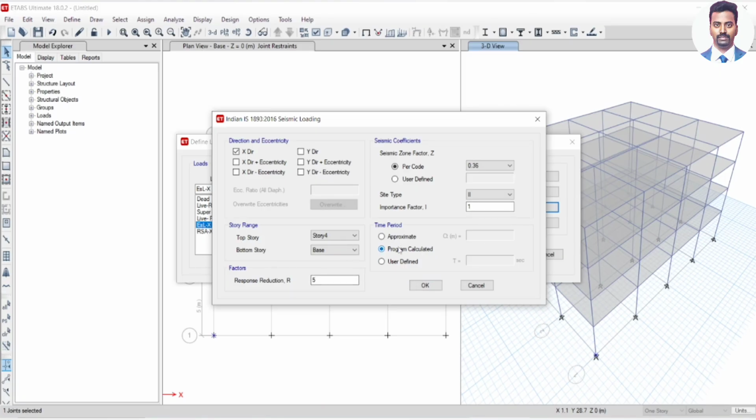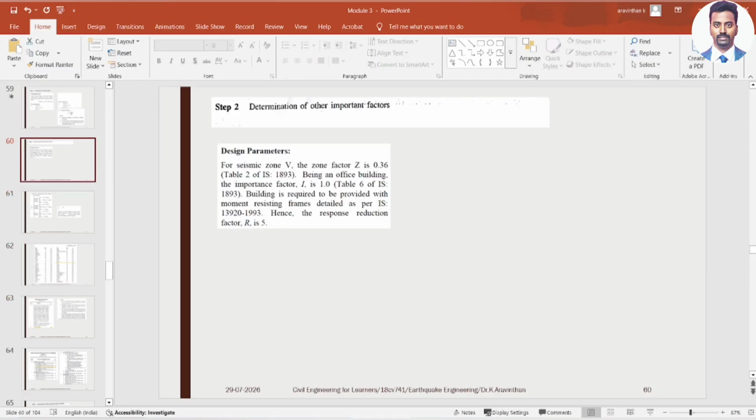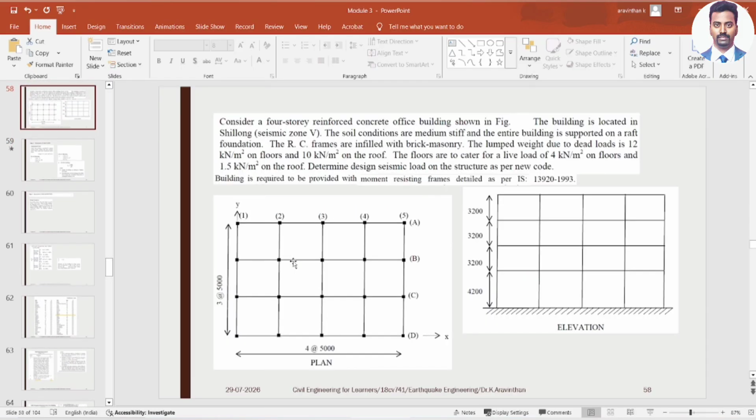And here you have a parameter here. Determination of natural period. Here we are identifying the natural period of the building in x and y direction for 0.28 second. So if you want to compare this with the theoretical analysis, you can use the natural period as 0.28 seconds for equivalent static analysis.